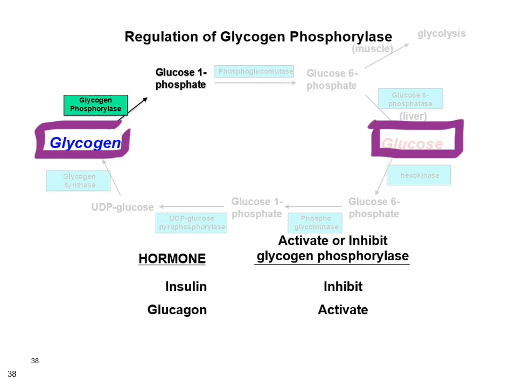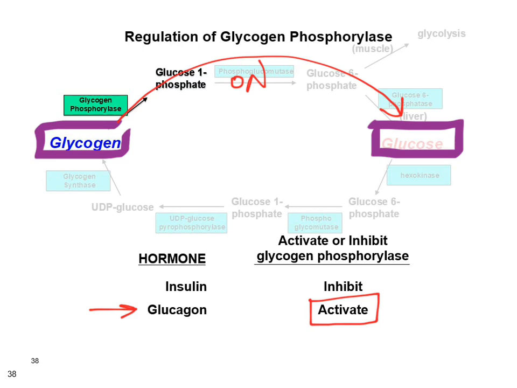And the hormone that tells the liver cells when the blood sugar is low is glucagon. So when glucagon's around, you want to turn this pathway on, and therefore we're going to turn glycogen phosphorylase on. So we'd want glycogen phosphorylase to be active in this case.